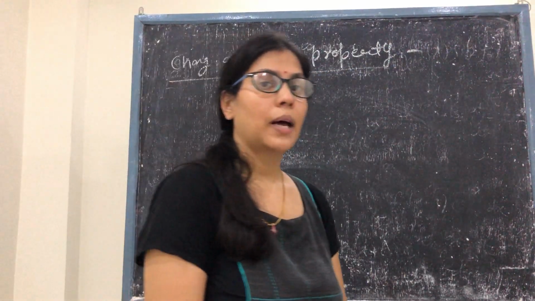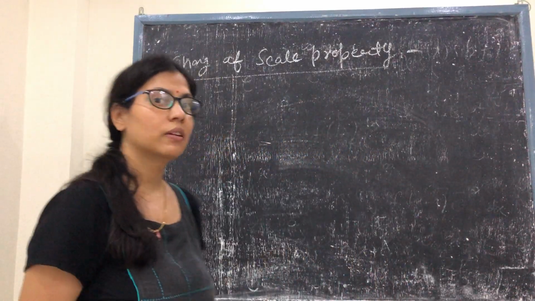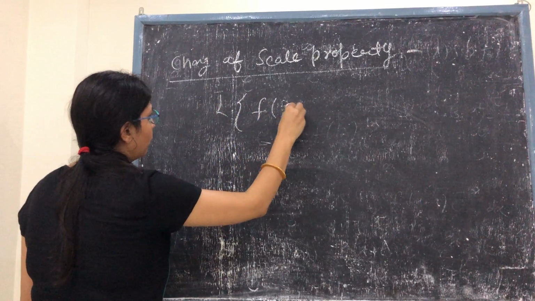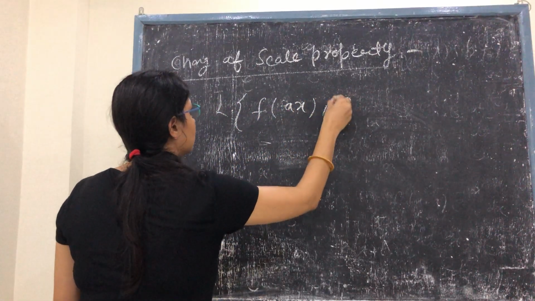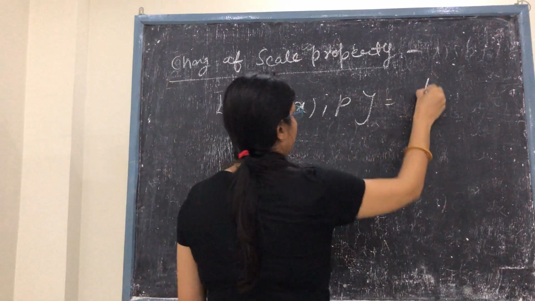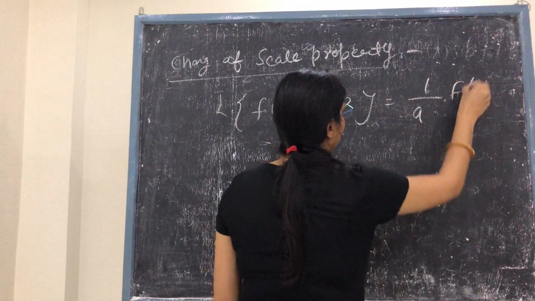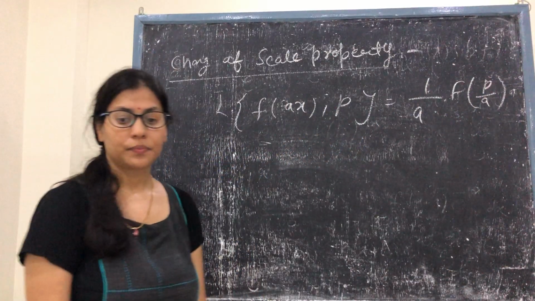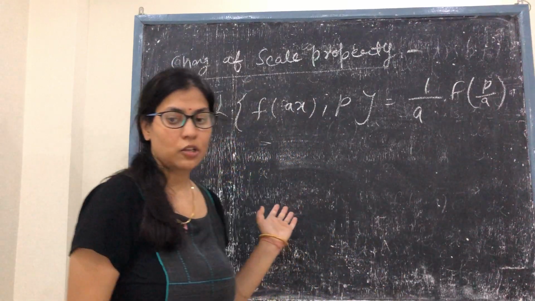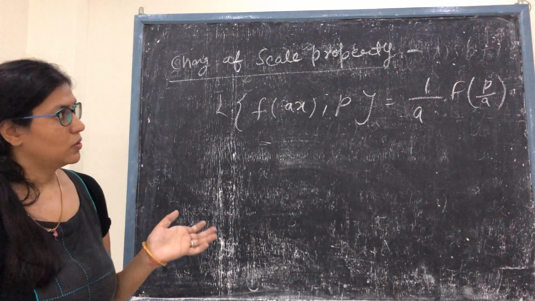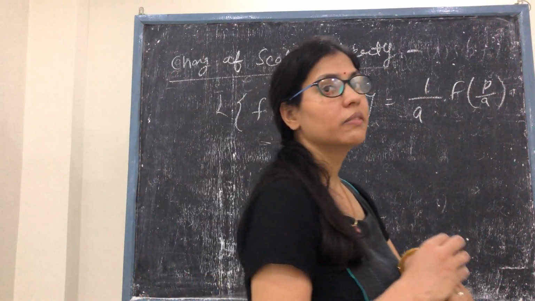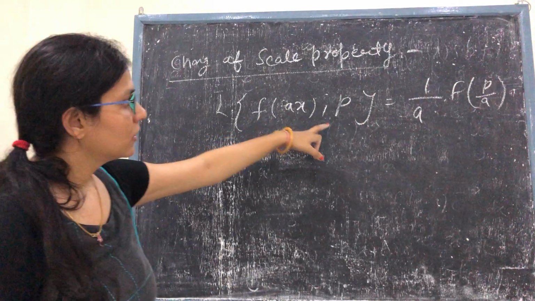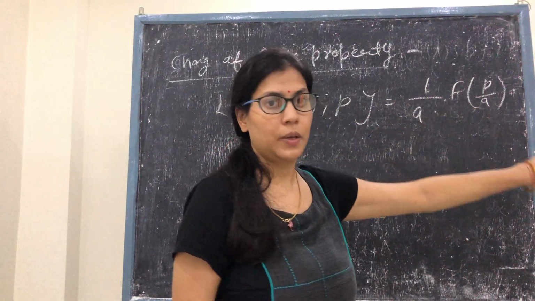It says if the Laplace transformation of a function f of x is given by F of p, then the Laplace transformation of the function f of ax is given by 1 upon a times F of p by a.